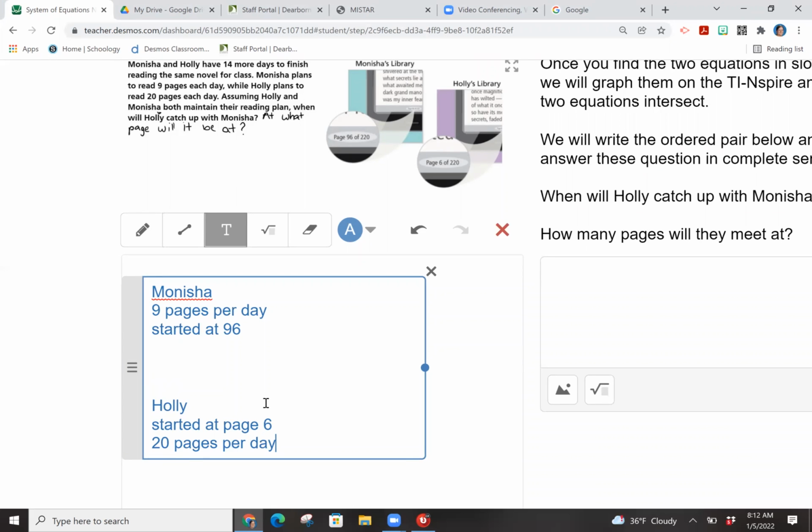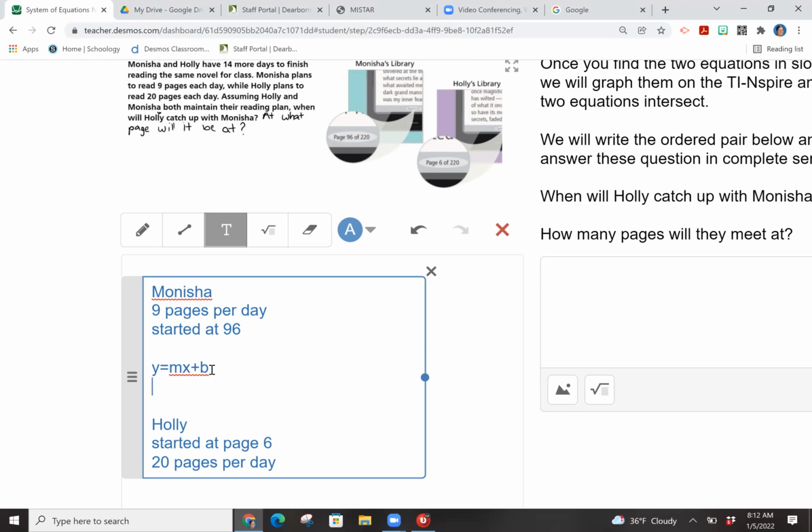So what we have to do is make an equation in y equals mx plus b. The m is what she's doing every single day. And then the b value is what you start at. So since we are reading every day, how many pages did Monisha do? She did 9.